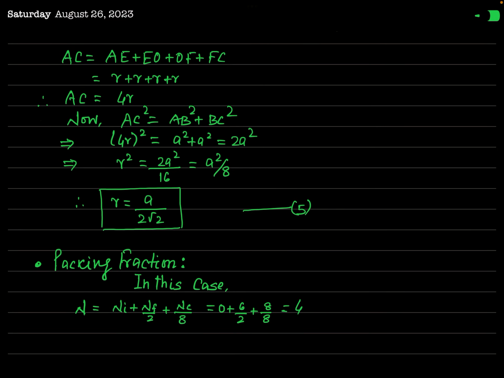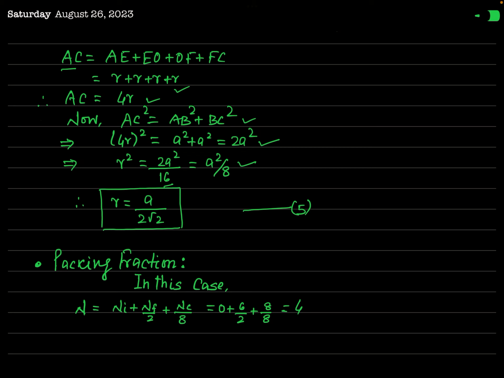You can see that AC, as I told you, is equal to AE plus EO plus OF plus FC, and this is equal to 4R. And AC square is AB square plus BC square. So 4R square is equal to 2a square, and so R square is equal to 2a square over 16, that is a square over 8.